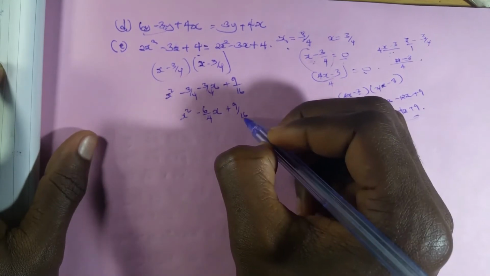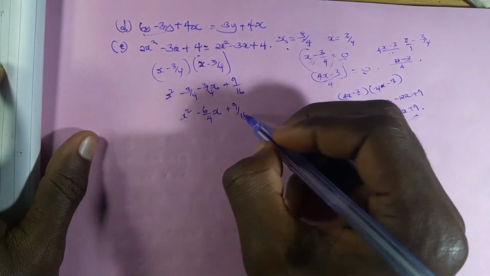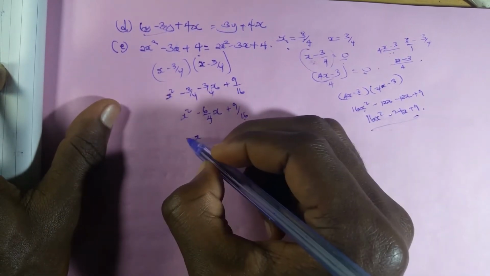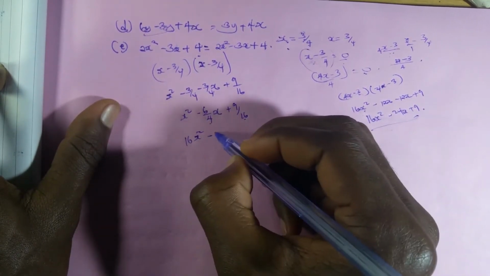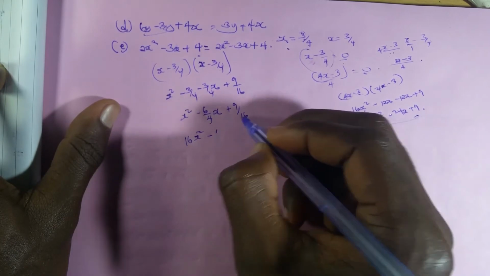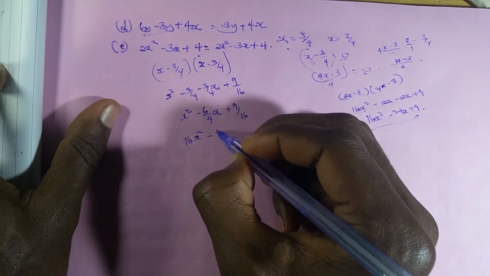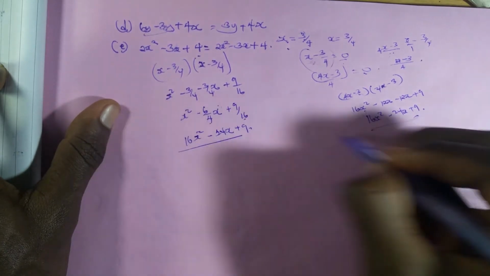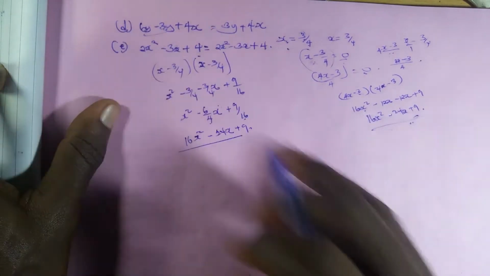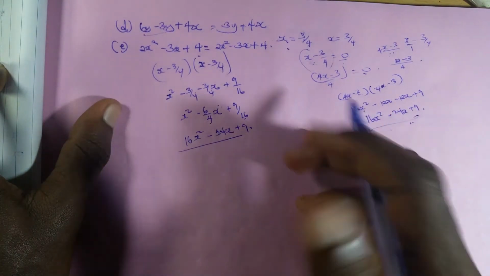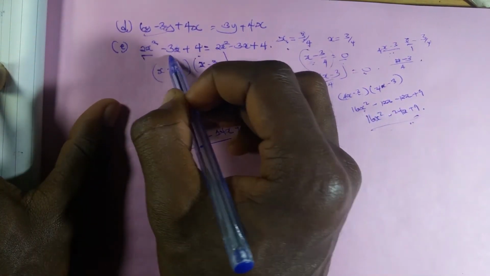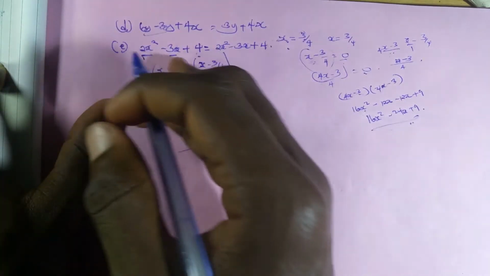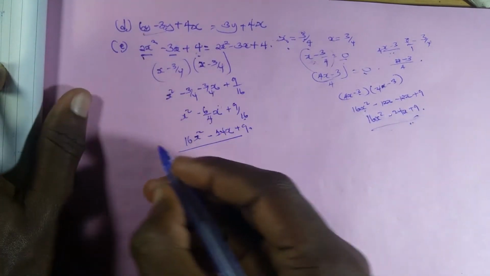If you multiply throughout by 16, the bigger one, you still have 16x squared minus 24x plus 9, which will still come back here. That means we can't simplify it further. We have our like terms, which we can't combine to form one term.